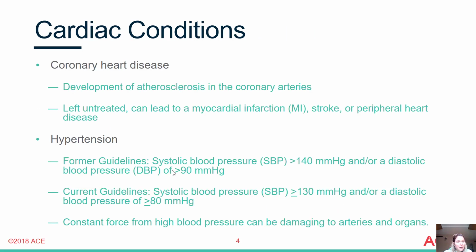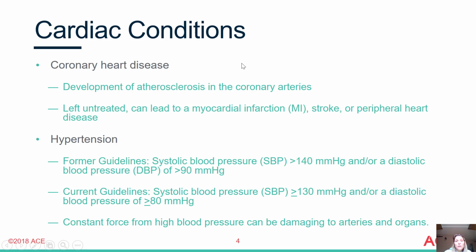Here are some different health conditions that we might come across. Coronary heart disease is definitely the most common cause of death in individuals 65 years of age or older. It's the development of atherosclerosis in the coronary arteries. Plaque begins to build up on the walls of those arteries, and if it's left untreated, an MI, myocardial infarction, which is a heart attack, or a stroke can occur, or even peripheral heart disease.